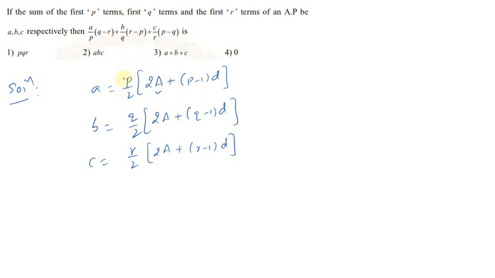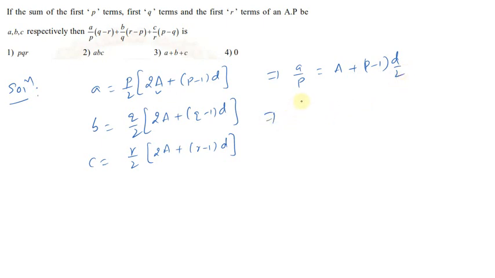Now what do we have to calculate? A by p. So let me evaluate A by p from this case. Bringing this p this side, A by p is equal to 1 by 2 into 2a plus p minus 1 into d, that is a plus p minus 1 into d by 2.